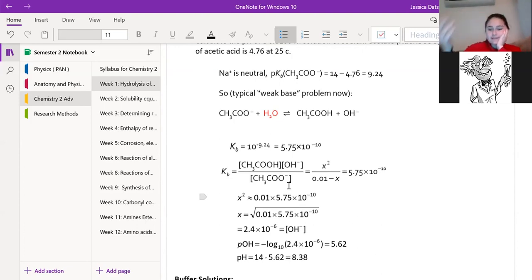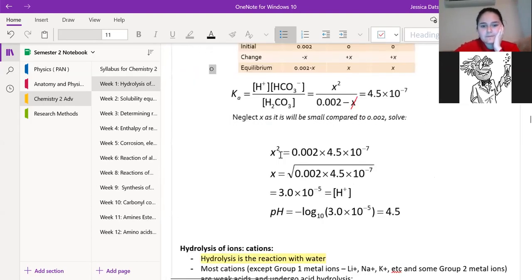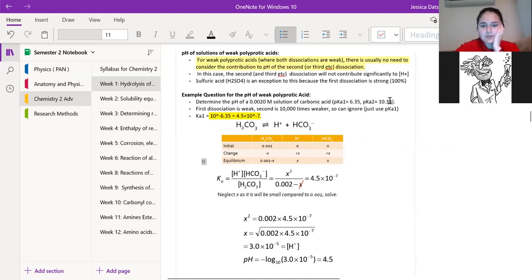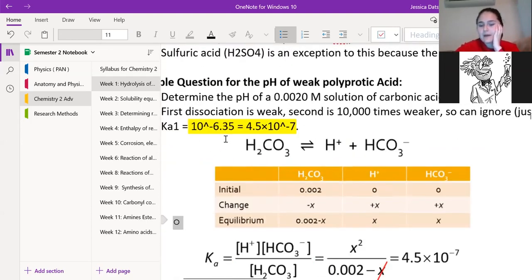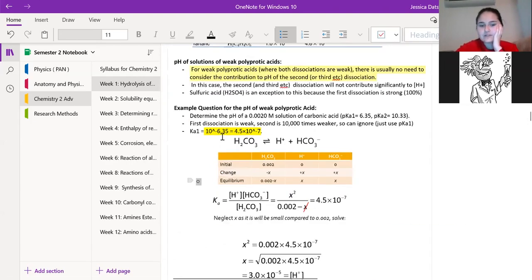Okay. Make sense? So it's pretty much the exact same situation. The only two things that change if you get a question to do with acids or a question to do with bases, which in this case is a base question. Firstly, when you get your pKb, you do 14 minus the pKa. Because remember up here, you didn't do anything about it. You just took the pKa value of 6.5 and you put it 10 to the power of, yeah? You did nothing to it.